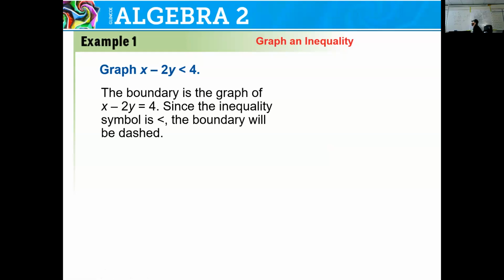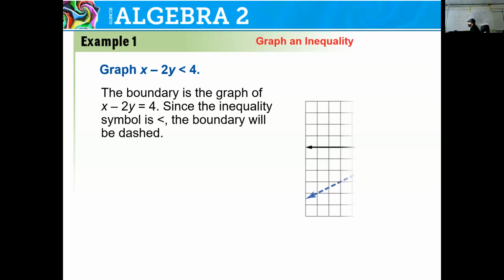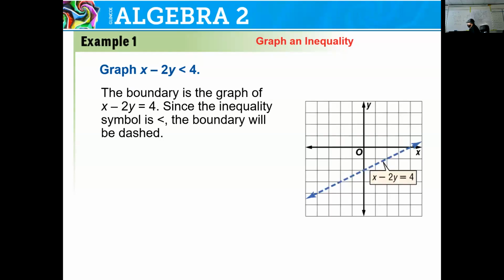So the boundary is a graph of x minus 2y equals 4. Since the inequality symbol is just less than, the boundary will be dashed. So there's their graph.